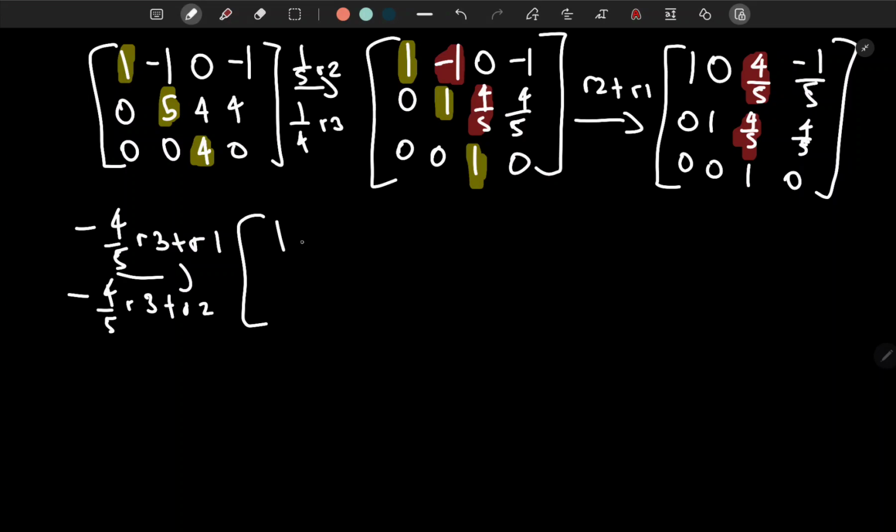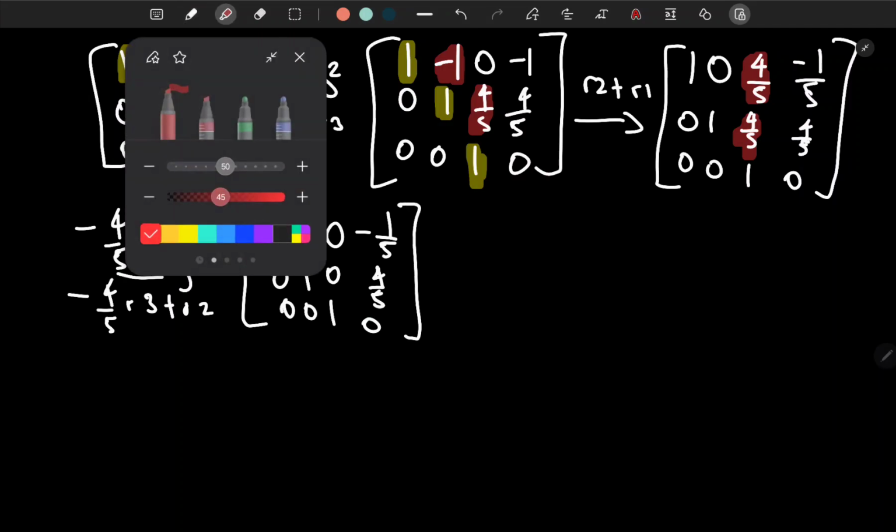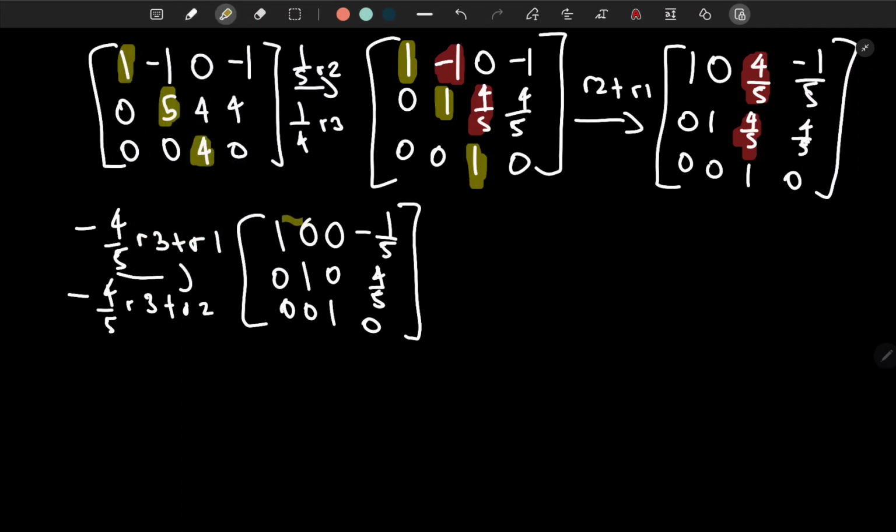So again 1 0 0, then negative 1 over 5, and then we have 0 1 0, 4 over 5, and then we have 0 0 1 0. If we look at this now, we have the pivots to be 1 here, 1 here, and 1 here, and we don't have any digits above or below them, right? And this is in RREF.